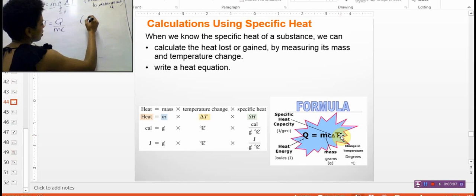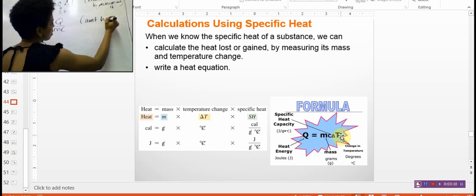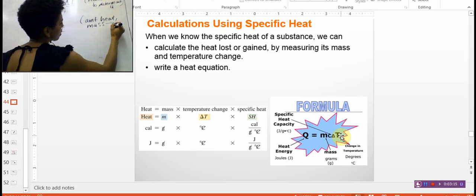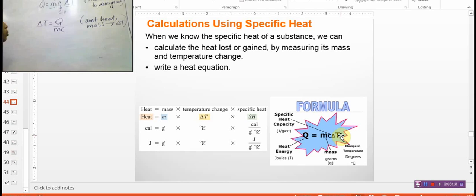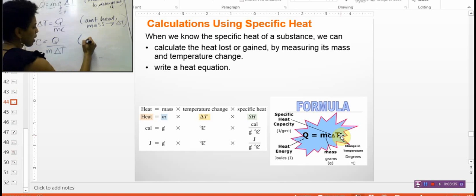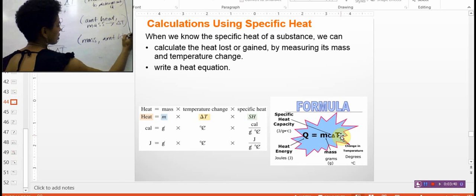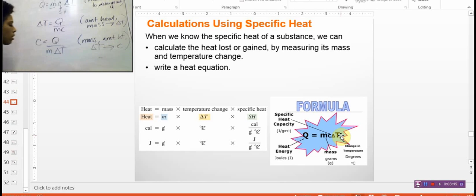So I would need the amount of heat that is absorbed or released, the mass, and the specific heat to determine the change in temperature. Or I can also calculate the specific heat: specific heat is going to be Q divided by m delta T. So if I have the mass and the amount of heat and the delta T, then I can determine what the specific heat is.